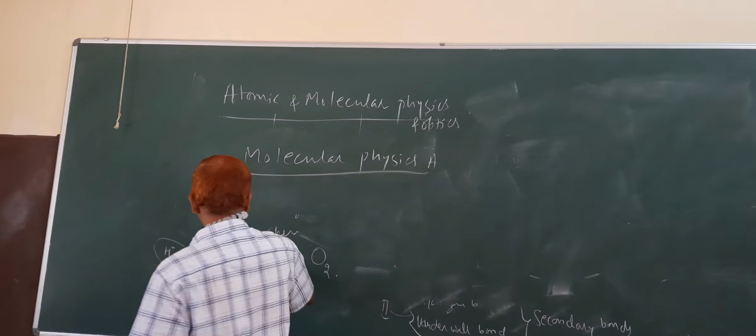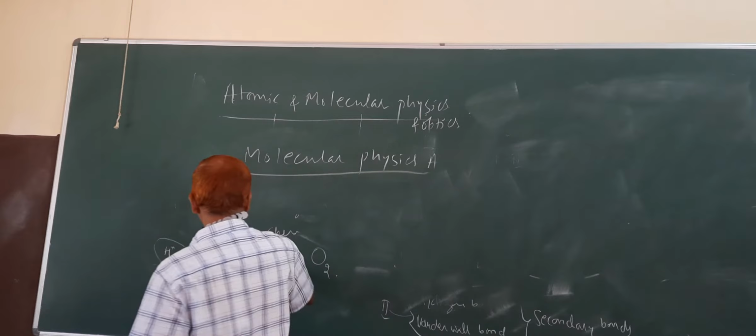And when you come to van der Waals bond, you are seeing it for the noble gases. It is very weak, weaker than hydrogen bond. What happens? Usually in noble gas atoms, for example, take helium or neon, the atom is like this.